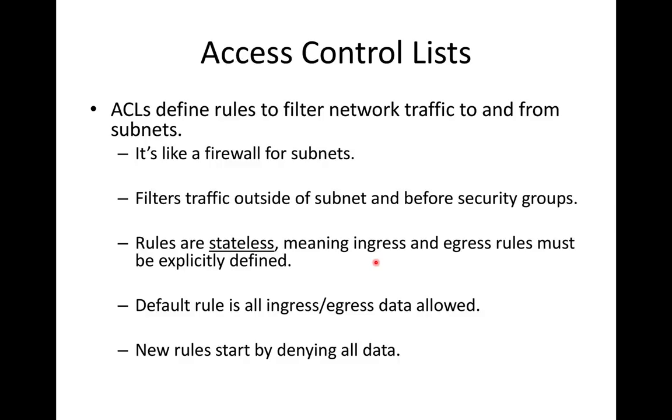Once you start creating access control list rules for your subnet, the very first time you create a rule, it begins to filter all traffic which does not meet that rule. So it begins denying traffic unless it's explicitly allowed both ingress and egress from the subnet.